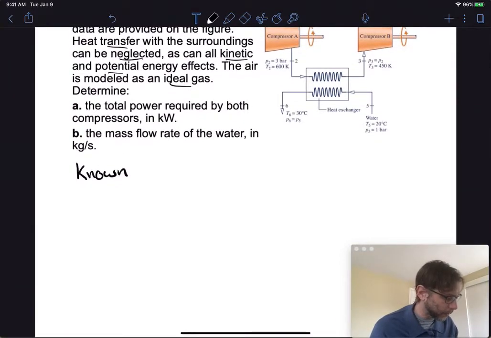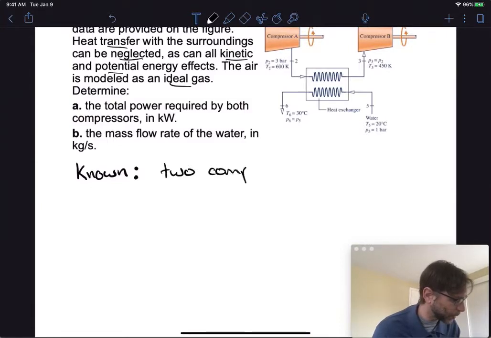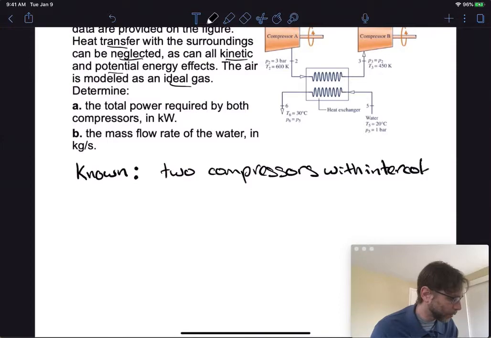So okay, known. So known is that we've got two compressors with an intercooler. I'm going to call it an intercooler.